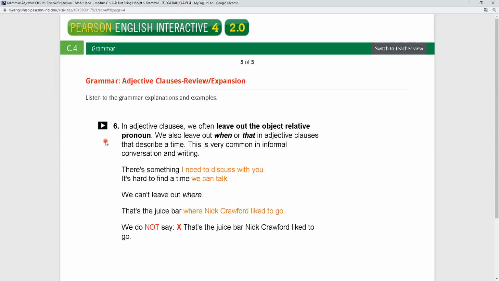Okay, so as I told you, in some cases you have the option of leaving out the object relative pronoun. For example, there's something that I need to discuss with you, or I can do it directly: there's something I need to discuss with you. Or, it's hard to find a time we can talk, right? When, right?